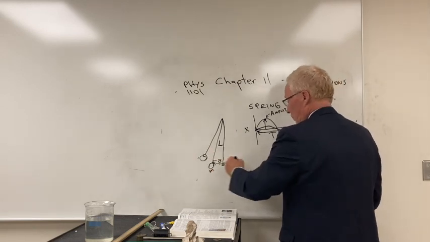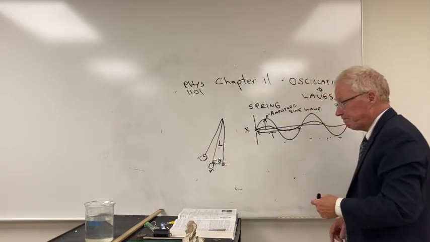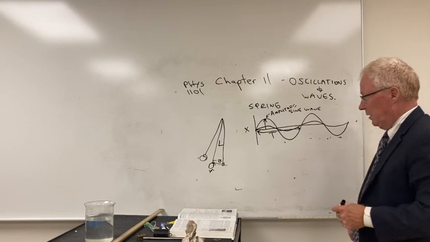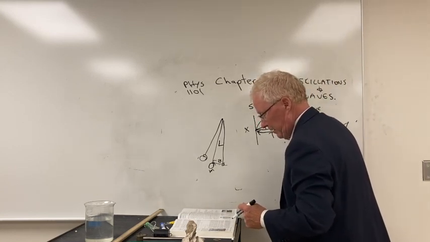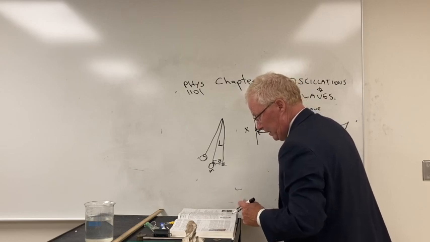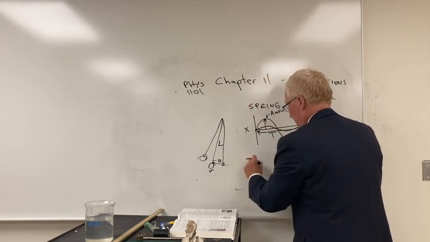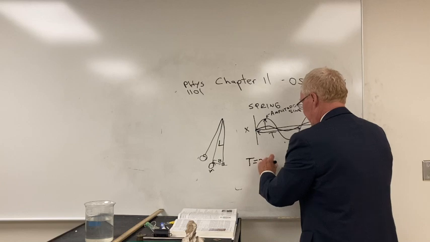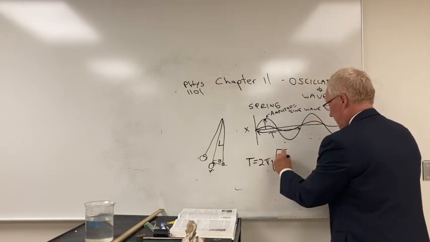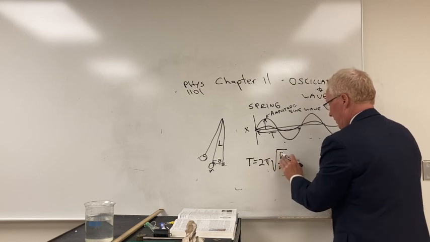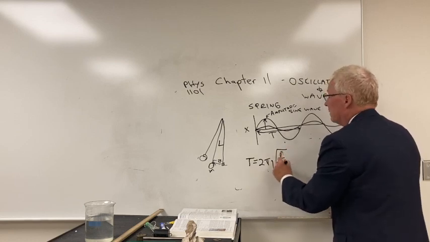So the period for a pendulum is given by almost exactly the same form as the spring, except it's square root of L over g. I should probably use the same L.